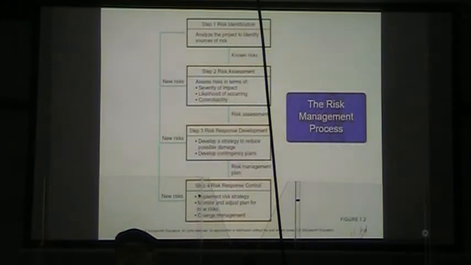So we assess those risks in terms of the severity of impact, the likelihood of their occurrence, and their controllability. So if we're talking about the asteroid striking our facility, well, the severity of impact would be huge for something like that. But again, the likelihood of occurrence is so low that we're ordinarily going to leave that out of any kind of risk assessment.